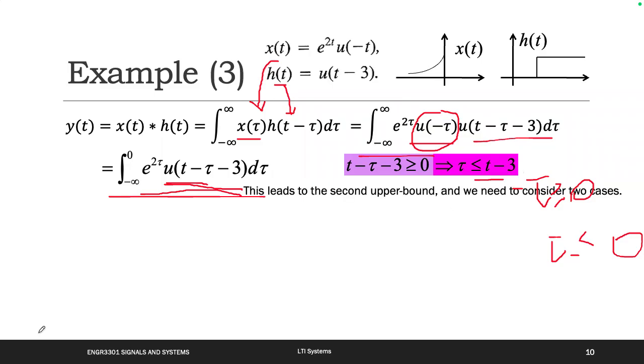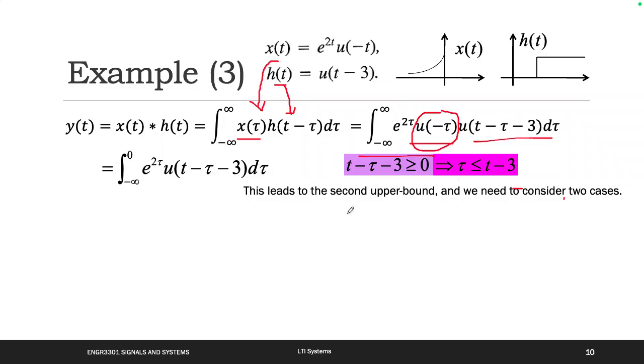Let me try to make this clear. For this situation, we have one upper boundary, and then we have the other upper boundary here. Am I right?